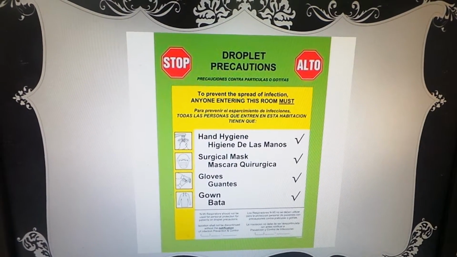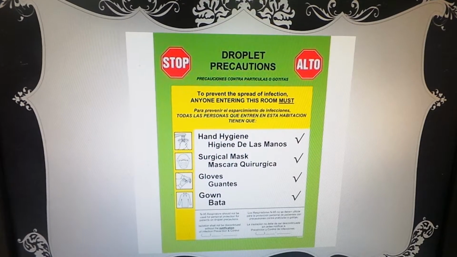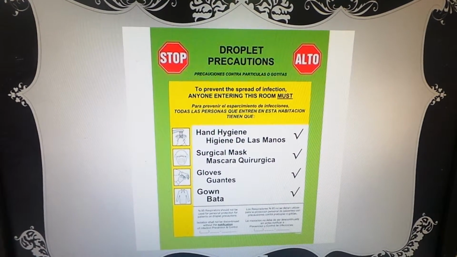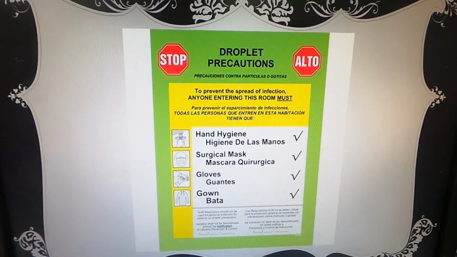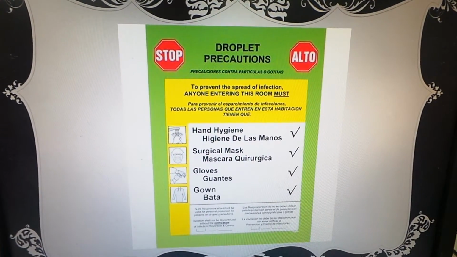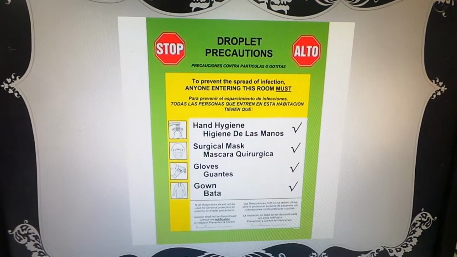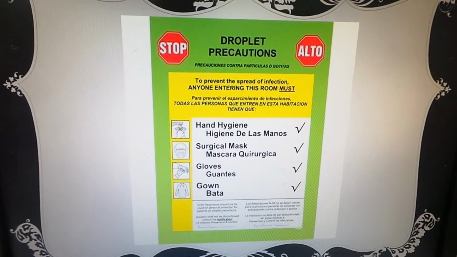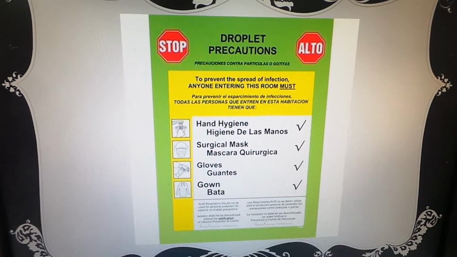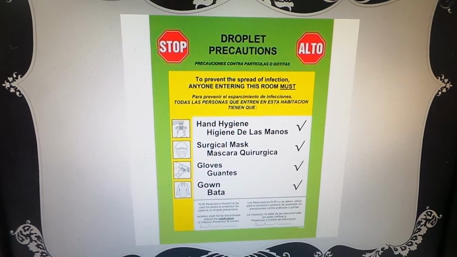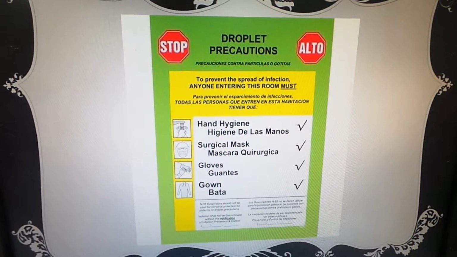Now let's talk about droplet precautions. Droplets can be generated from the source person during coughing, sneezing, talking, and during the performance of certain procedures such as suctioning or bronchoscopy. Droplets may contain microorganisms and generally travel no more than 3 feet from the patient.